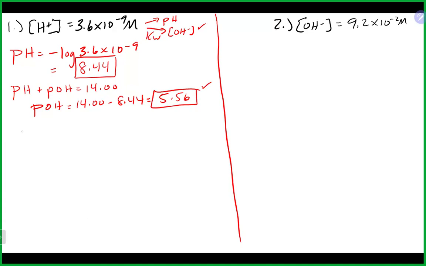But I'm going to do it the kind of newish way that we just talked about. I'm going to use the pOH to get me the OH minus concentration by taking the inverse log of the minus pOH.